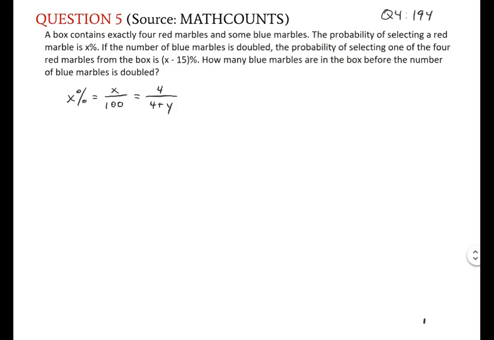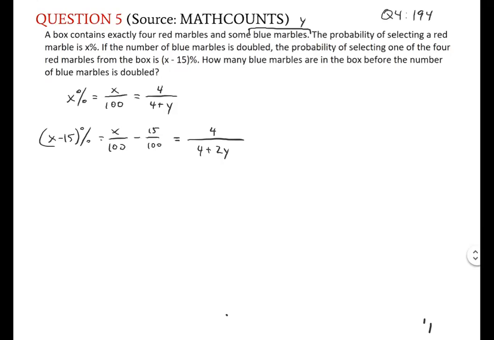So okay, and then we know that the probability of selecting one of the 4 marbles, if the number of blue marbles is doubled, is X minus 15%. So this is just X over 100 minus 15 over 100. And this is equal to 4 over 4 plus 2y, since the blue marbles are doubled.